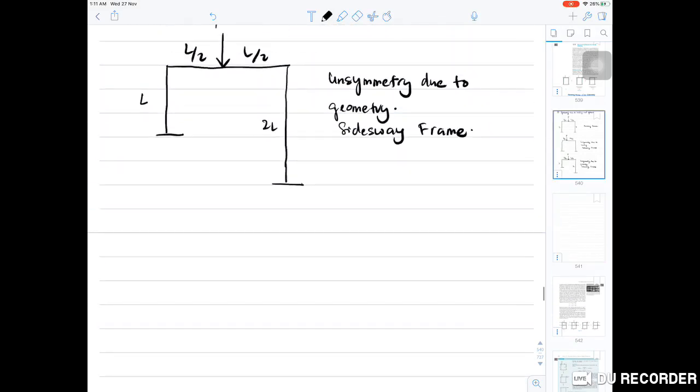Condition number 2 is an unsymmetrical frame, but it is properly restrained. The keyword is properly restrained. It is unsymmetry, but it is properly restrained.